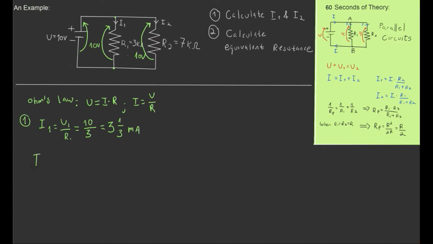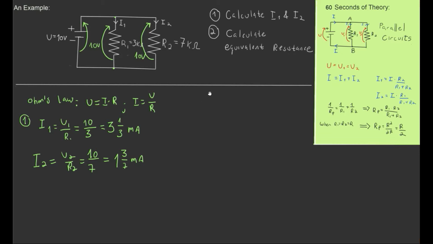I2, the same way, is U2 divided by R2, that is 10 volts, same voltage, divided by 7 kilo ohm, which gives us 1 3/7, and again milliamps.